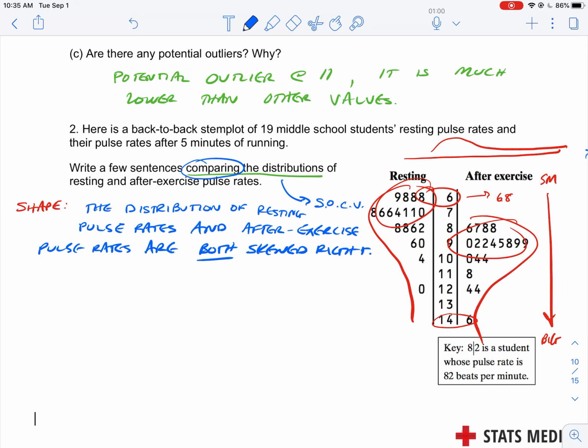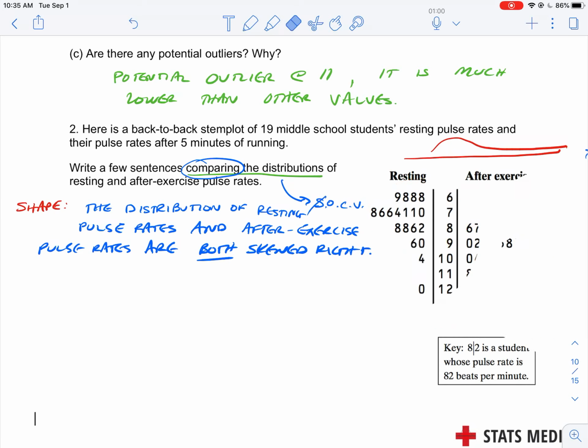And you'll notice when I say both, that's me using comparative language, right? They are both like this. You could also say they're similarly skewed right. So that takes care of my S. Let me erase my markups here.